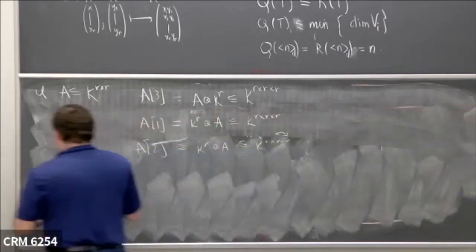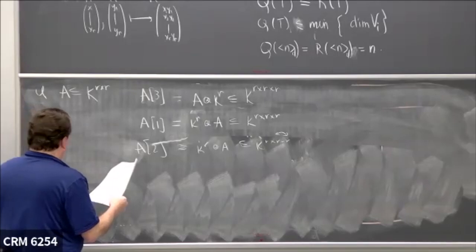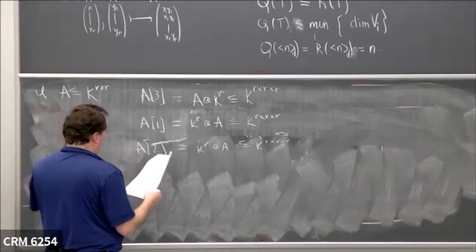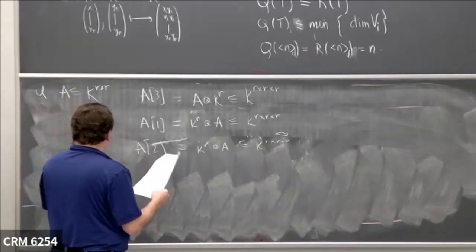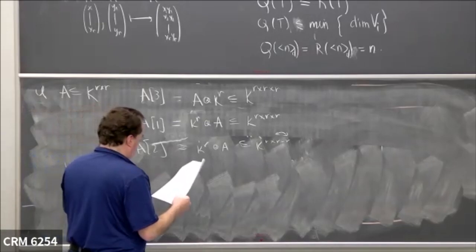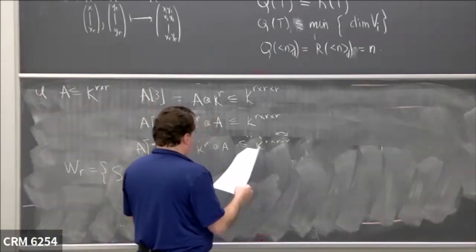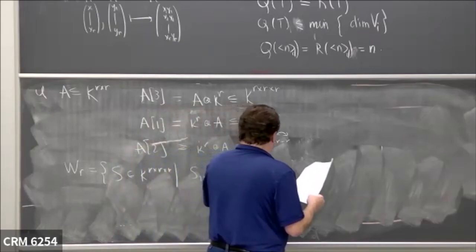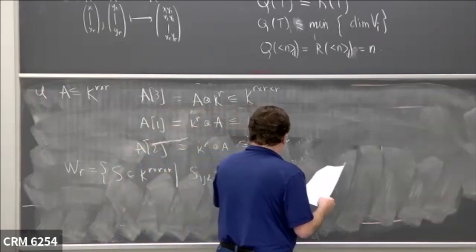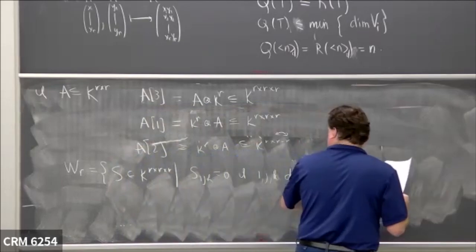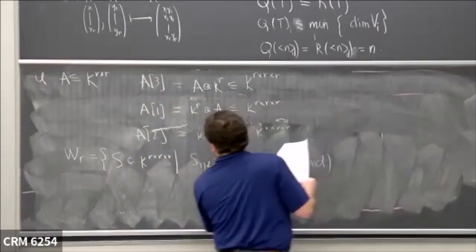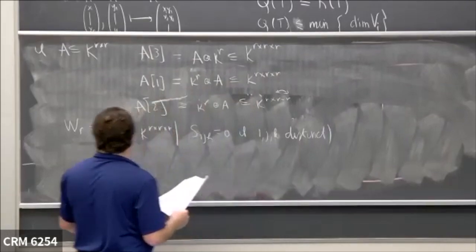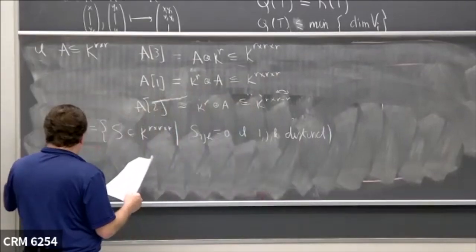Then also define WR, say, the set of all tensors such that S_ijk is 0 if i, j, k are distinct. And then we get the following result.